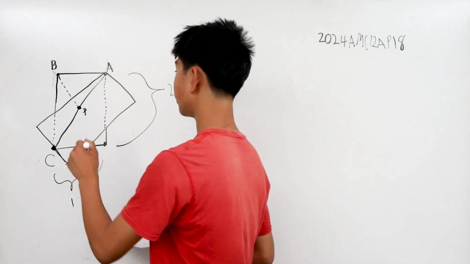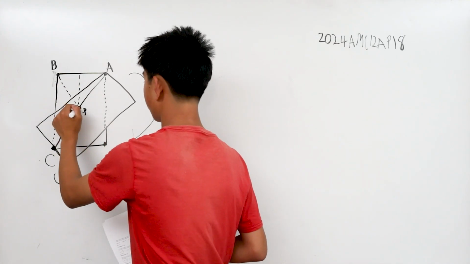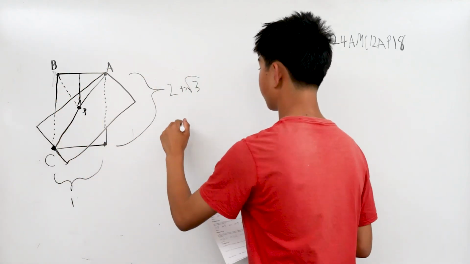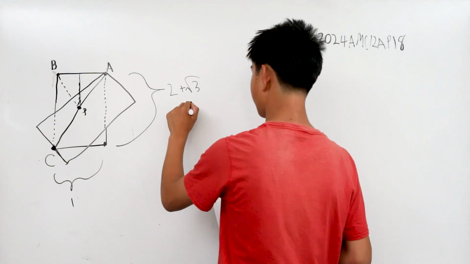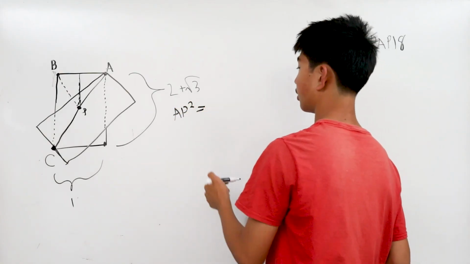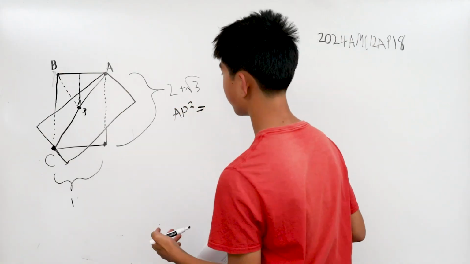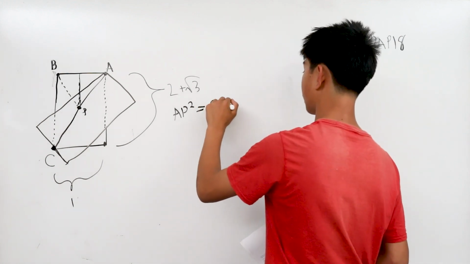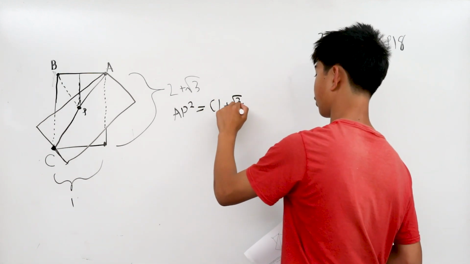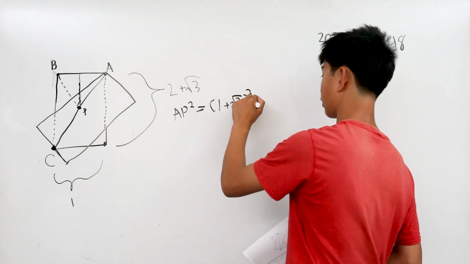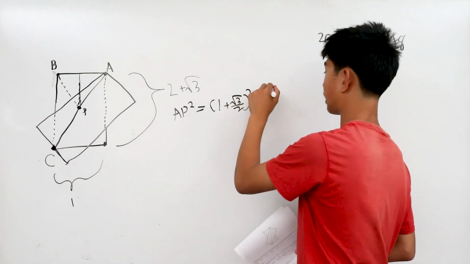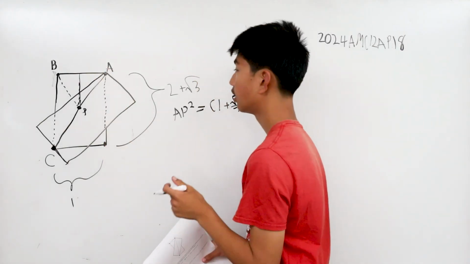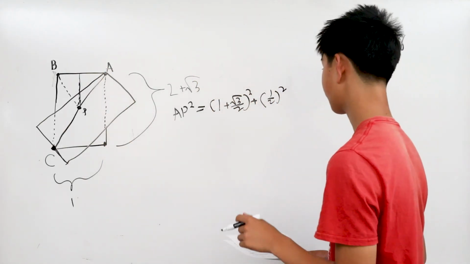So we can use the Pythagorean theorem to find what length AP is. AP squared is equal to, since P is a midpoint, half of the height, which is (1 plus root 3) over 2, squared, plus (1/2) squared, because this segment is 1/2, half of 1.